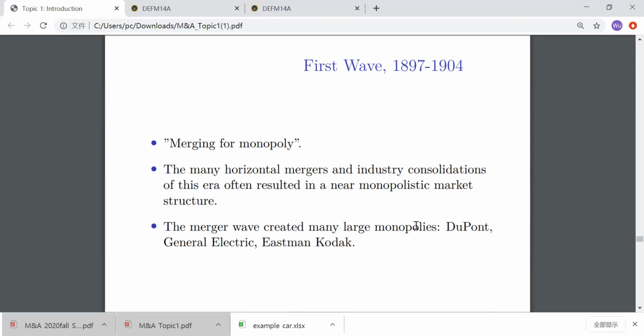And actually, the merger wave created many large monopolies that still exist nowadays, right? For example, DuPont, for example, General Electric, right? These monopolies still exist today.